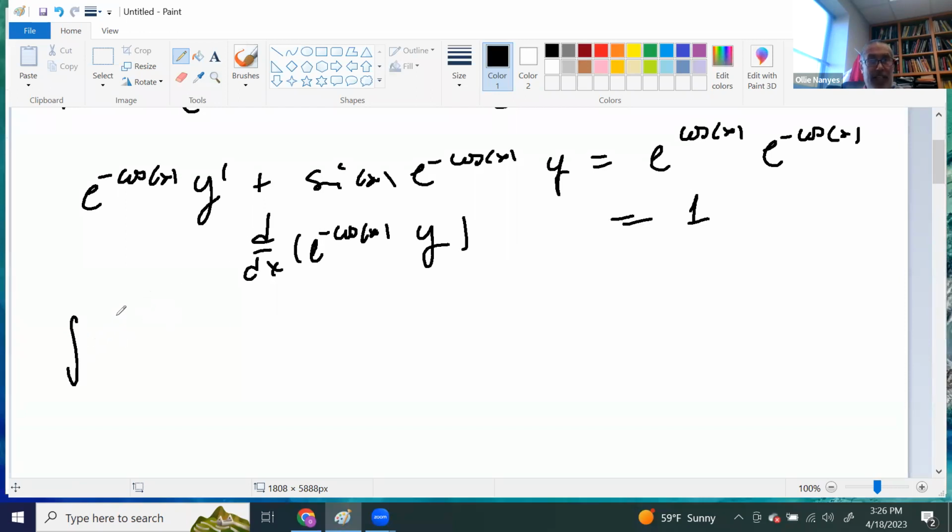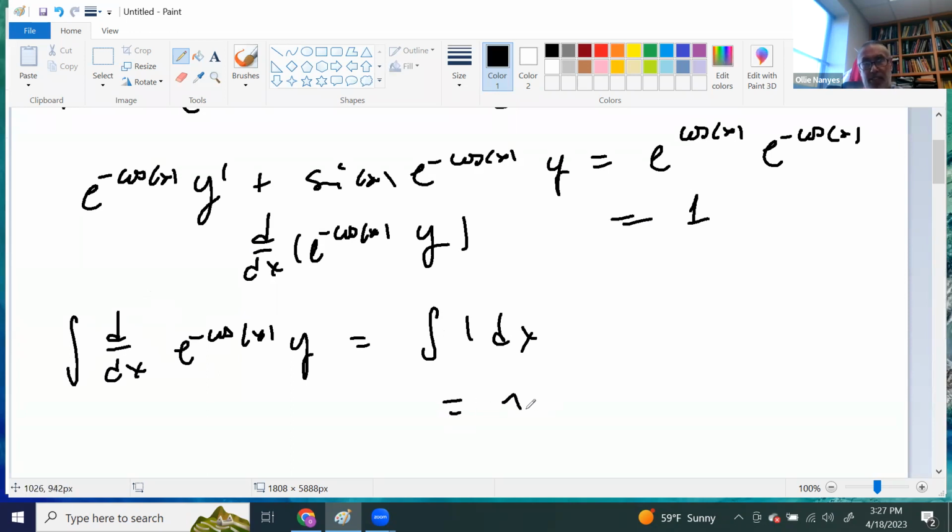So now when you integrate this, the right-hand integral is pretty easy. It's just going to be x plus c. This integral is the integral of the derivative. So we get e to the minus cosine x times y is equal to that.